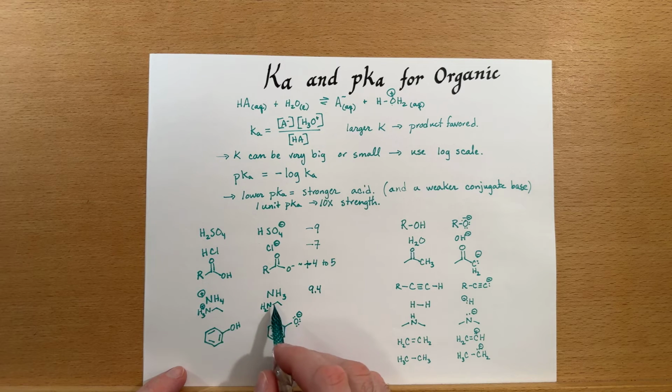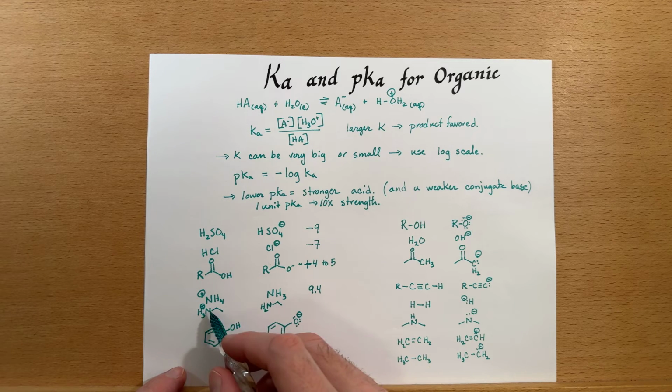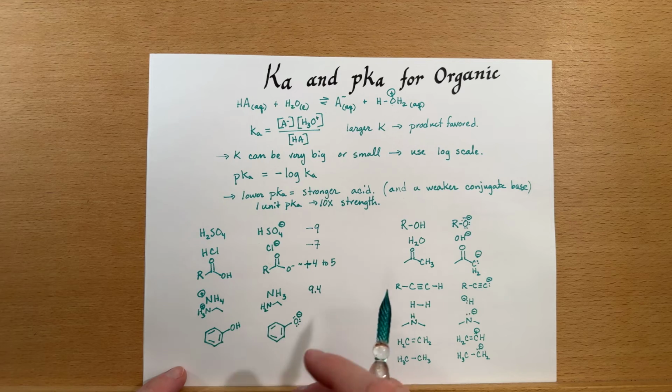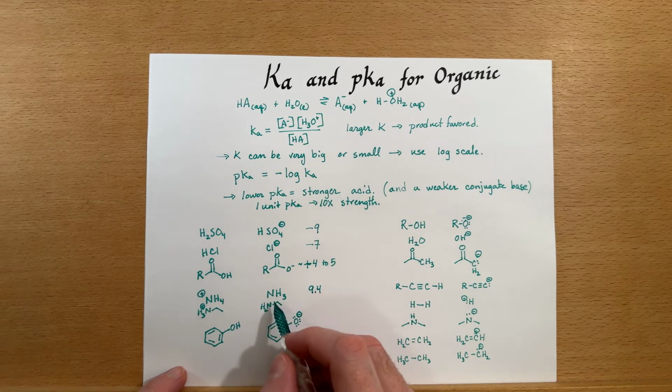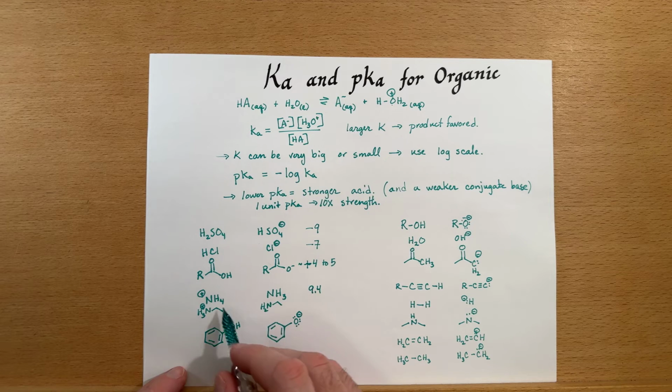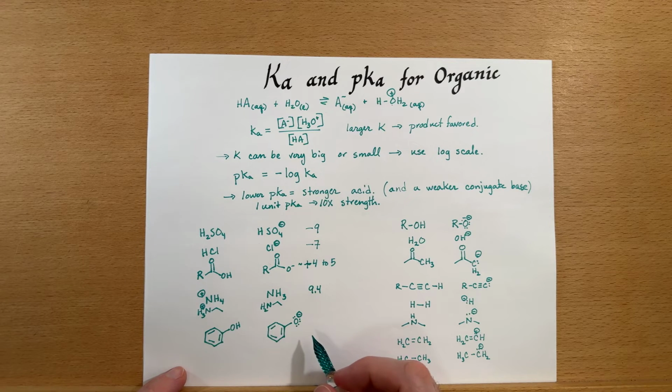For some of these it would be slightly different, but around 9 to 10 is somewhere in the range for the amine type molecules.